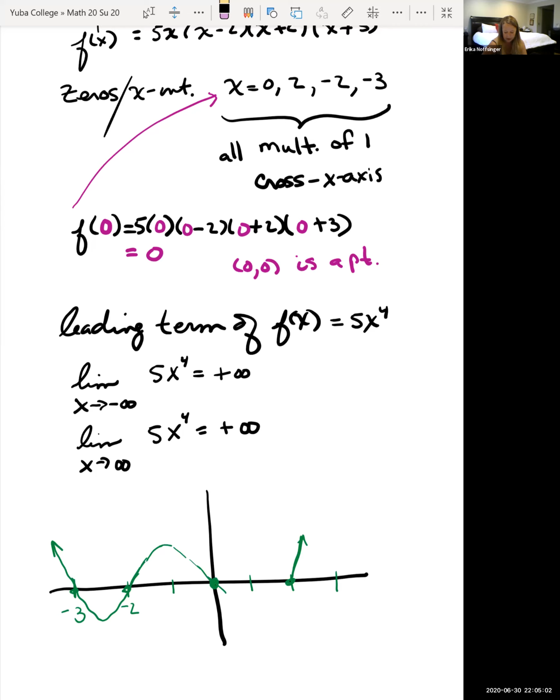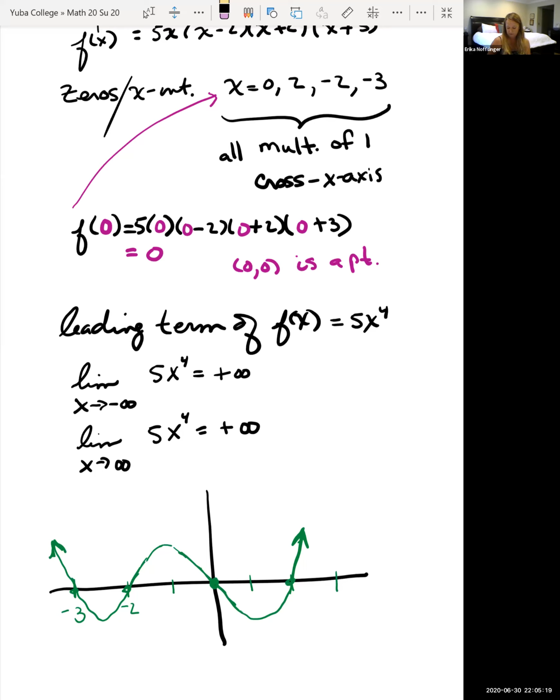It has to cross. So in order to hit back at x equals 2, it's going to have to change direction. So you have a general idea of what it should look like.